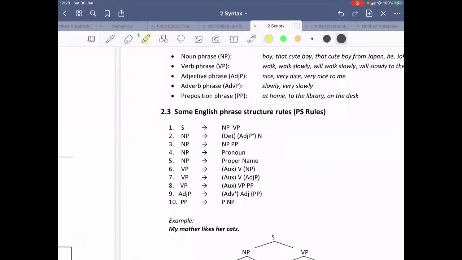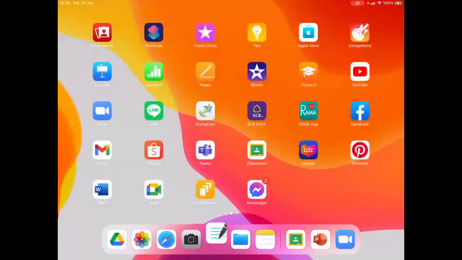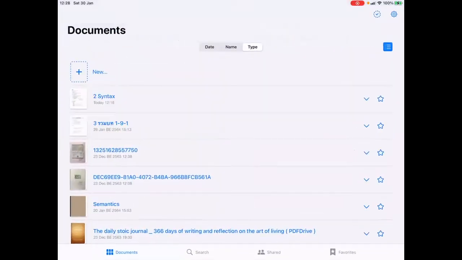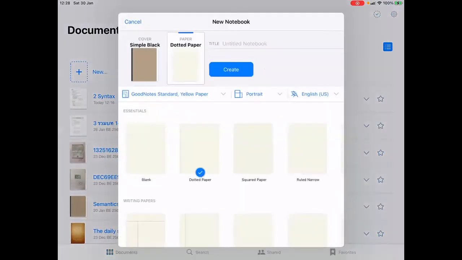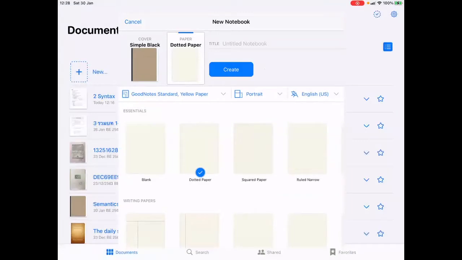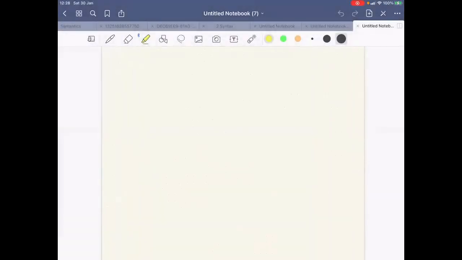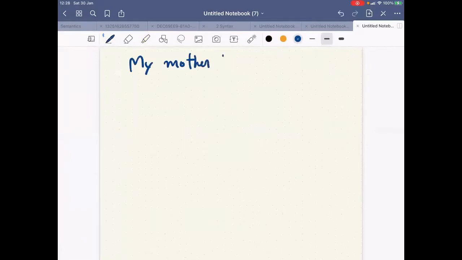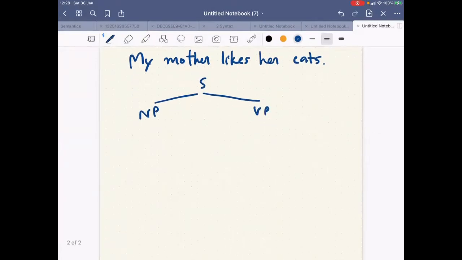The first one is a very simple one, which is my mother likes her cat. So I'm going to write it down here first. So I'm going to start with S, NP, and VP.